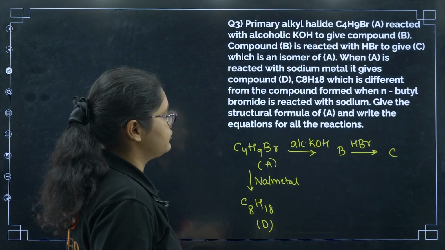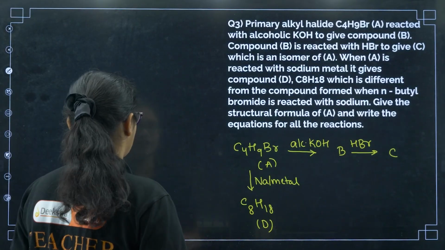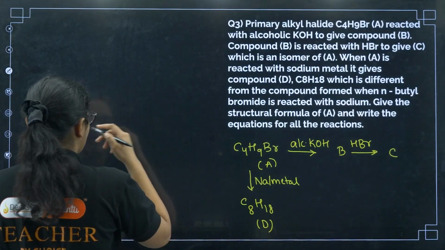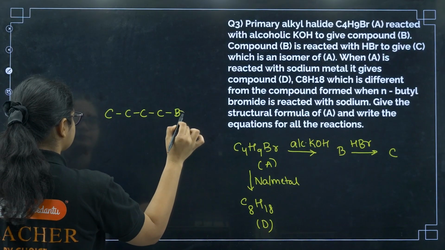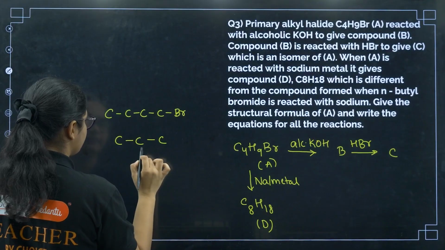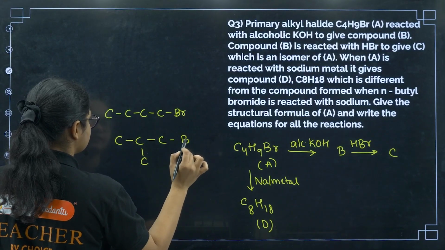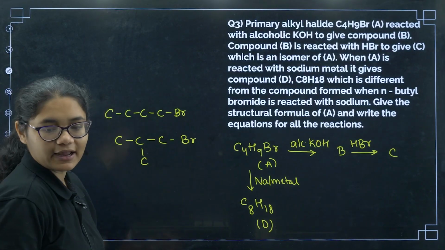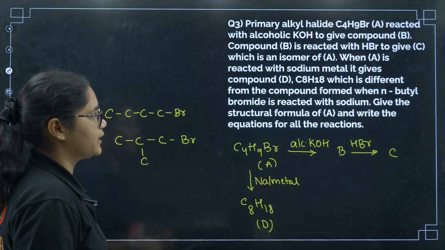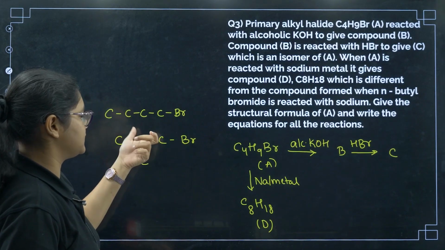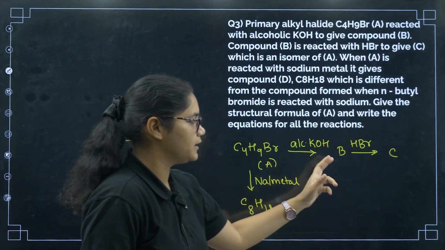So first of all, from C4H9Br, what all primary halides can I have? I have one primary halide like this, and I can have another like this. These are the 2 primary alkyl halides possible. Now alcoholic KOH will remove H and Br, and we get a double bond here.